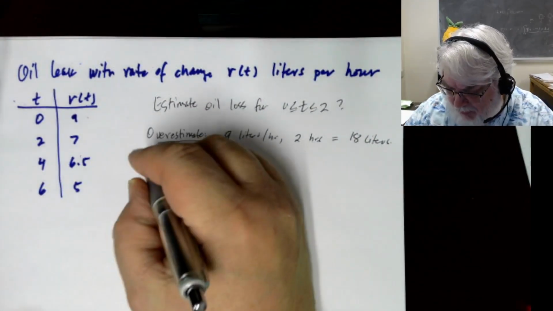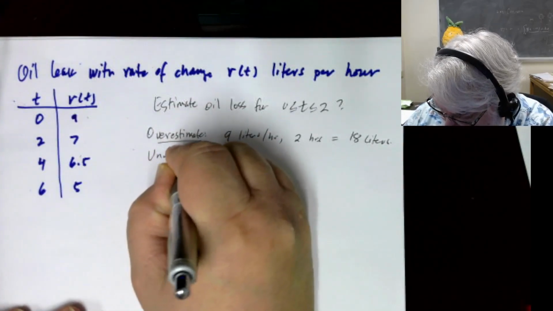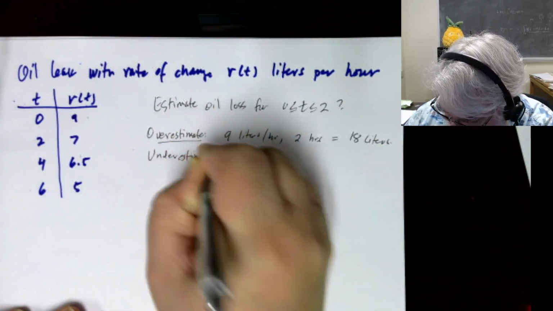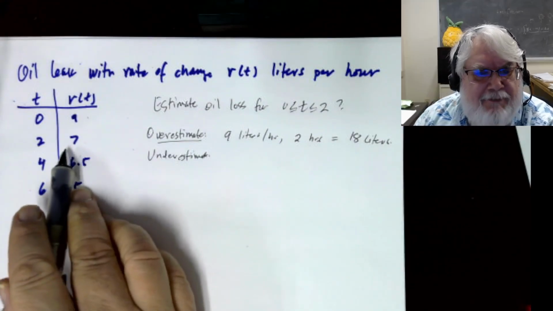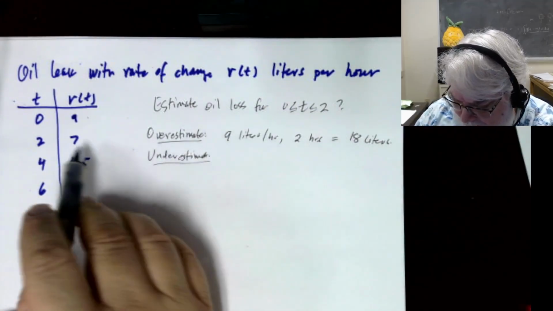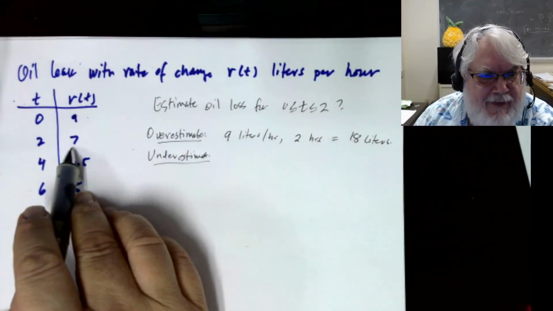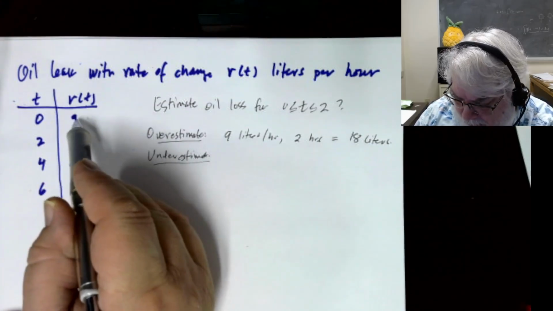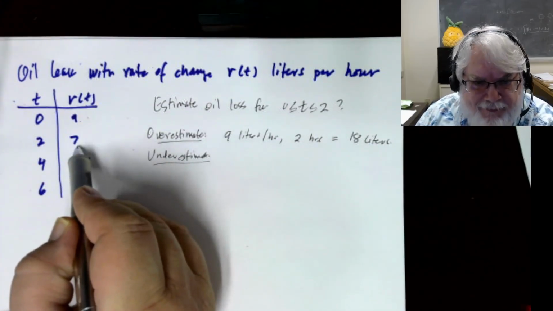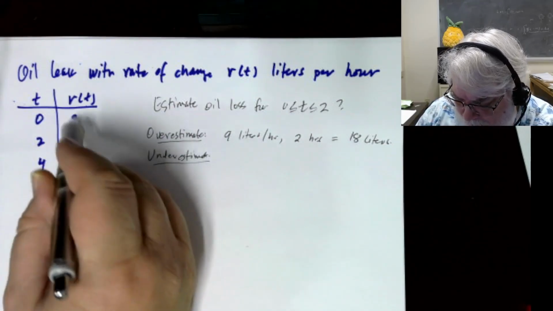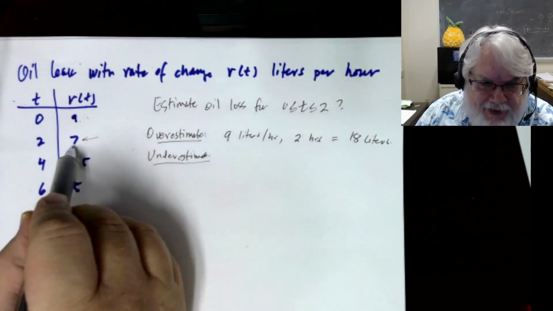And similarly, how would you get an underestimate? Well, you don't want it too far under, right? So my estimate's changing from 9 to 7. So let's use the lowest value there that I see, and that's the 7.